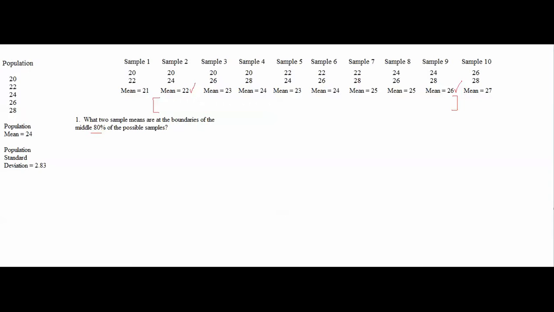The boundaries would be at these 2 points if I asked you for the middle 60%, because 1, 2, 3, 4, 5, 6 samples are in there. But I asked you for the middle 80%, which meant 8 out of 10. The two answers are just 22 and 26.